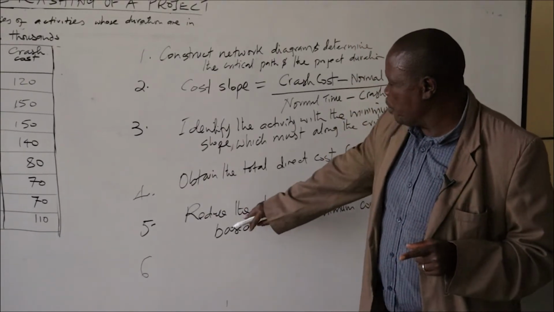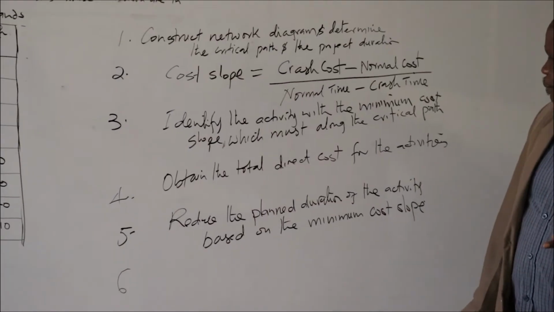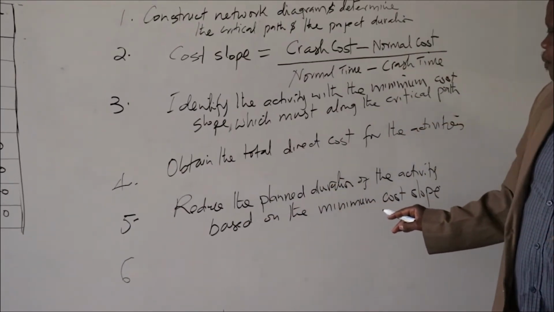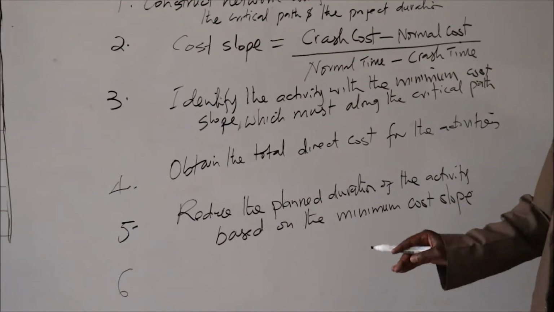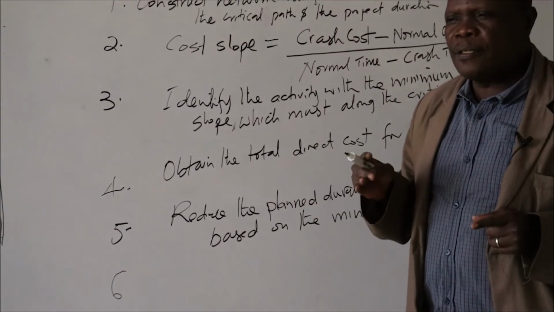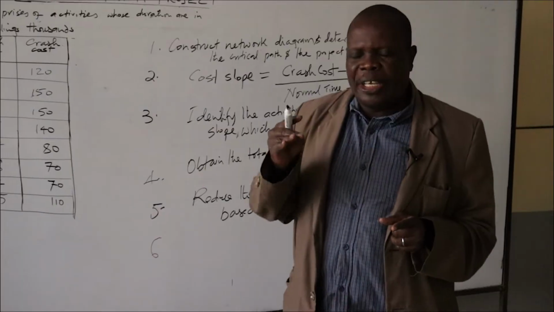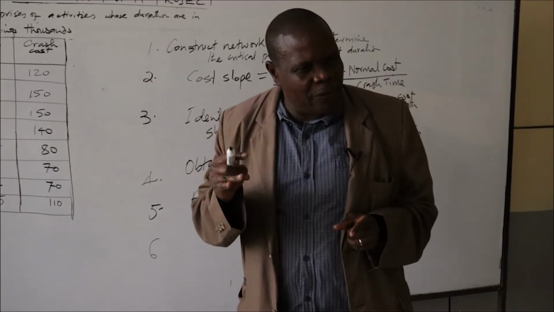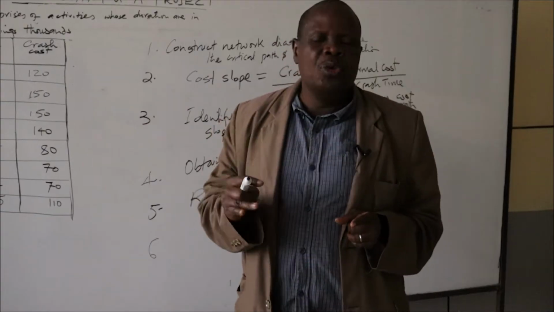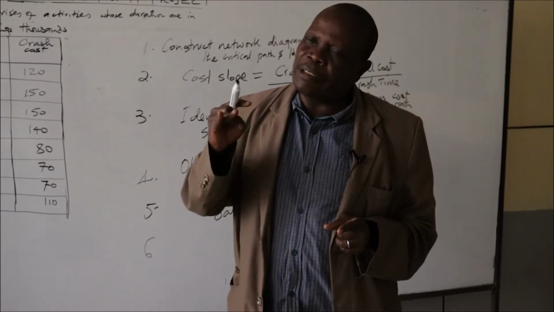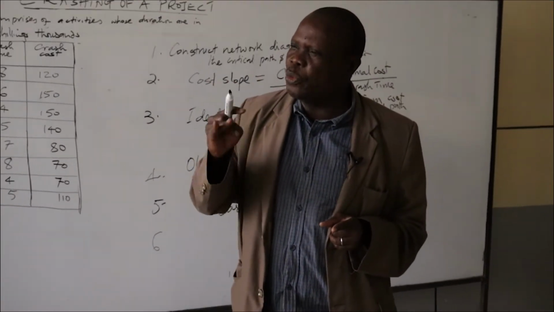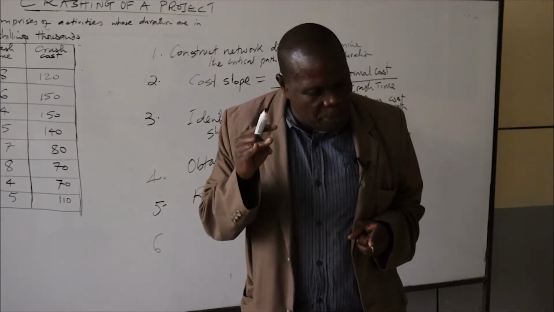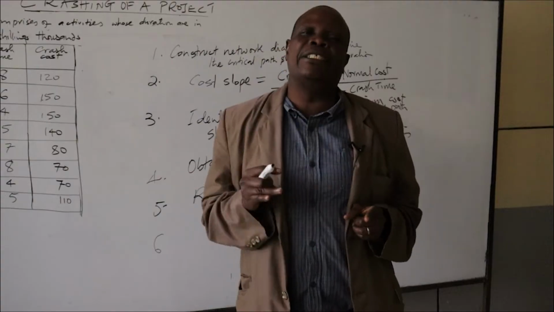Now, this process of reducing the planned duration of the activity can be repeated based on the minimum time for the crashing. The minimum time for the crashing means you can crash the project until, if you continue crashing, you will find that the total duration of the project is not changing.